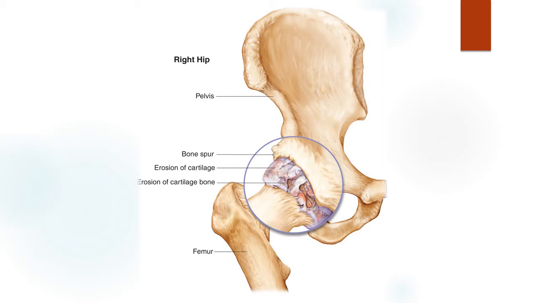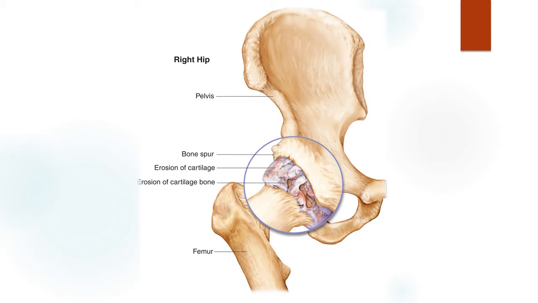So consistent with the principles that we described earlier, how can we approach the rehabilitation of this joint? Well, this is something that we're going to want to protect, and we're going to want to prevent further injury and further damage and further degeneration of this joint.